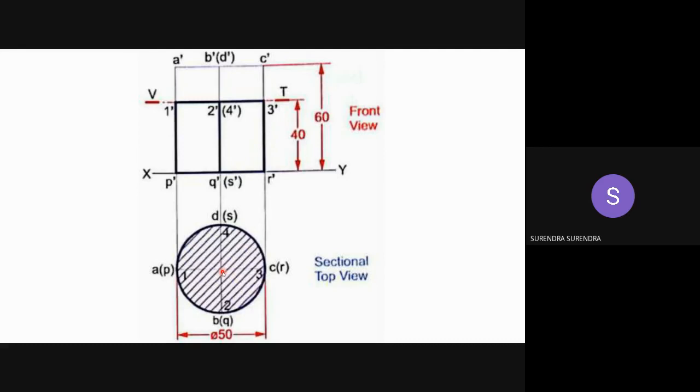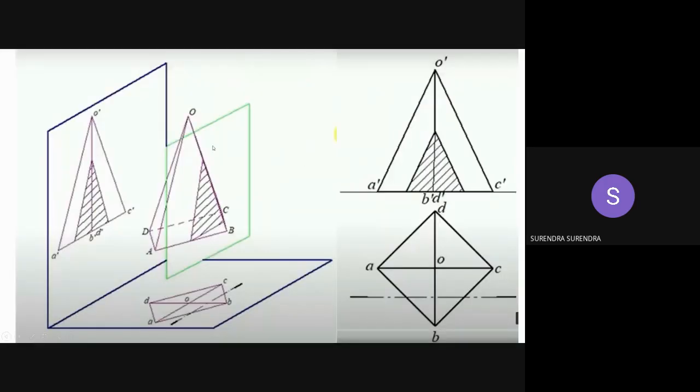So 4 problems. Before coming to the next class, draw these 4 problems. Next class we'll solve the problem when the section plane is parallel to the vertical plane and perpendicular to the horizontal plane, and the solid is in the same position with the axis perpendicular to HP.